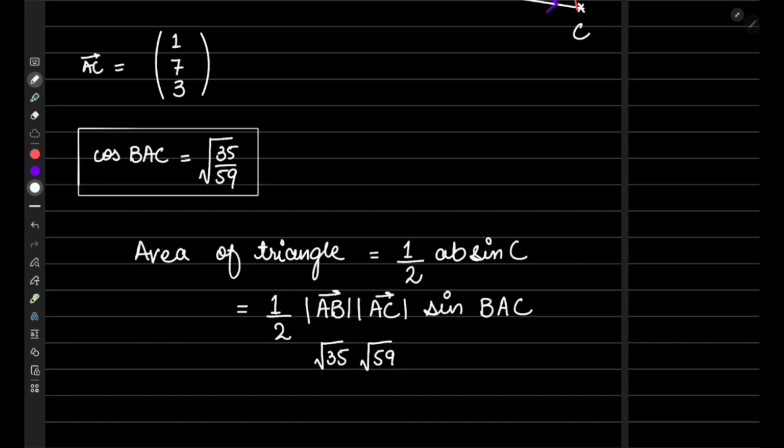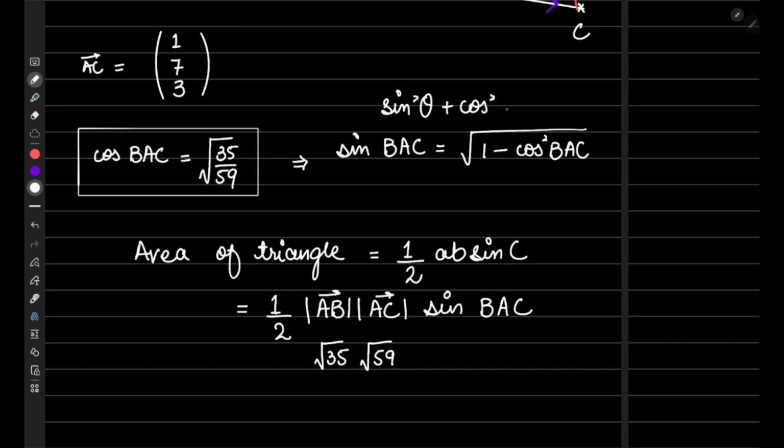You can use the basic trigonometry, but you can also use sine of BAC to be root of 1 minus cos square of BAC, because sine square theta plus cos square theta is equal to 1. So we can use sine theta to be 1 minus cos square theta under the root.